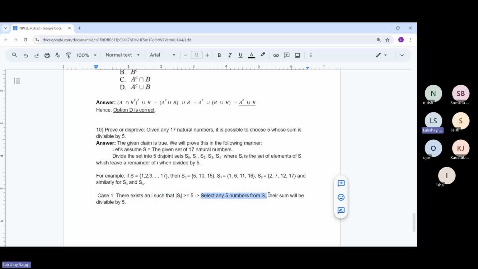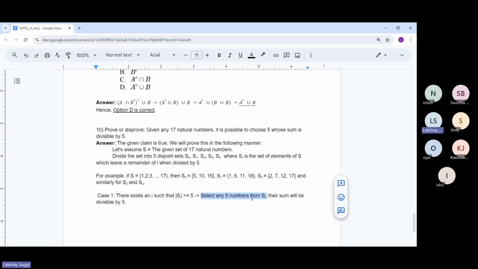So if we select any 5 numbers from Si, there are 5 distinct numbers, all of which leave a remainder of i when divided by 5. So when we sum these 5 numbers, the remainders also add up, right? This is pretty basic number theory: if there are k numbers which leave the same remainder r when divided by k, then the sum of these numbers will be divisible by k.